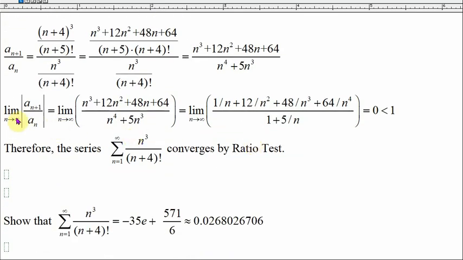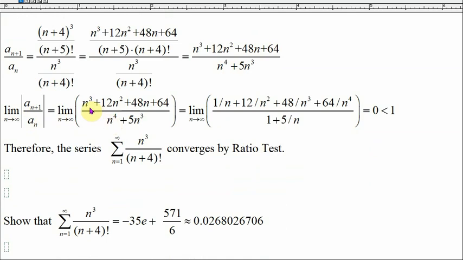So the limit of the ratio a sub n plus 1 and a sub n as n approaches infinity would be the limit of this expression right here. And now let's divide everything by n to the fourth.